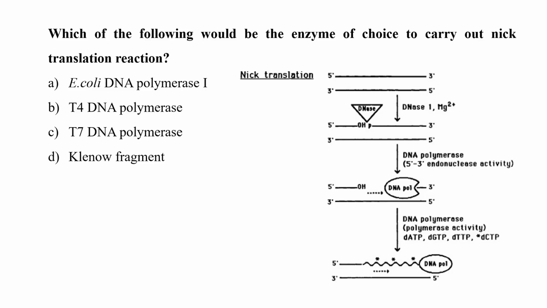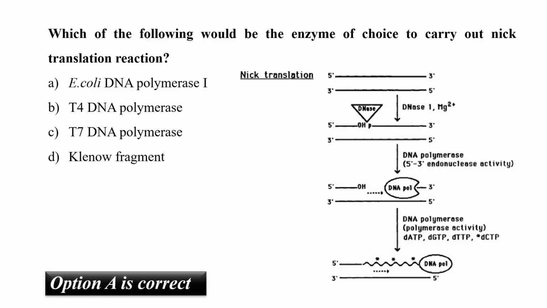It has two unique activities. One, 5' to 3' polymerase activity, through which it can add fresh nucleotides at the 3' end, while the other activity is 5' to 3' exonuclease activity, which can be used to digest the non-template strand. So here the Kornberg enzyme or E. coli DNA pol 1 is very much essential in the nick translation event. So option A is the correct answer.